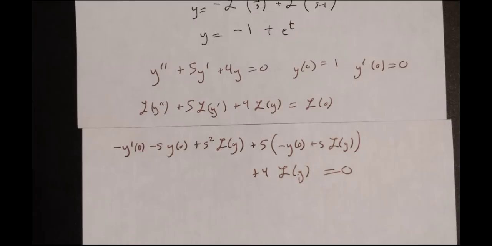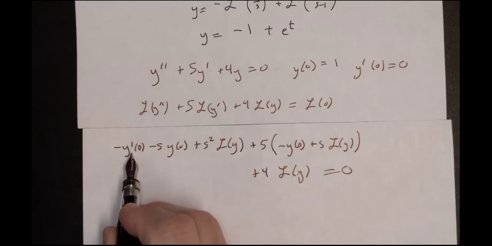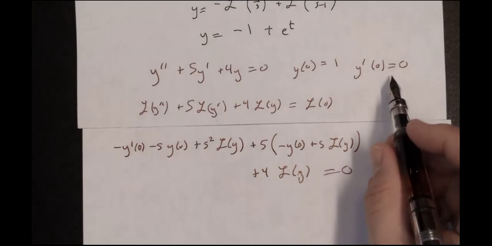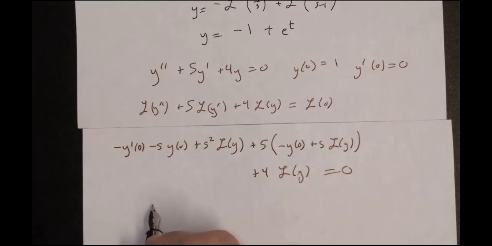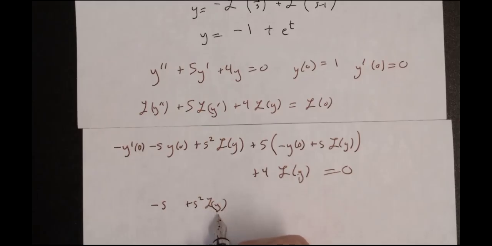Okay. This is a number. What's this number? Sure. That's the derivative, so that's 0. This is a number. That's the 1. So I have minus s times 1, then s squared L of y.